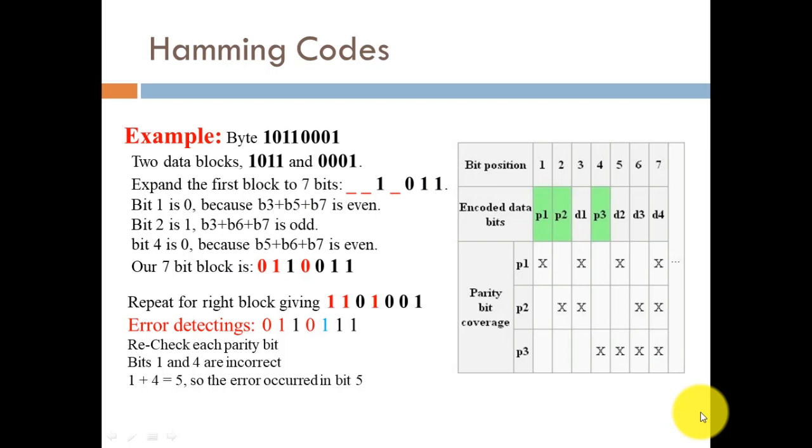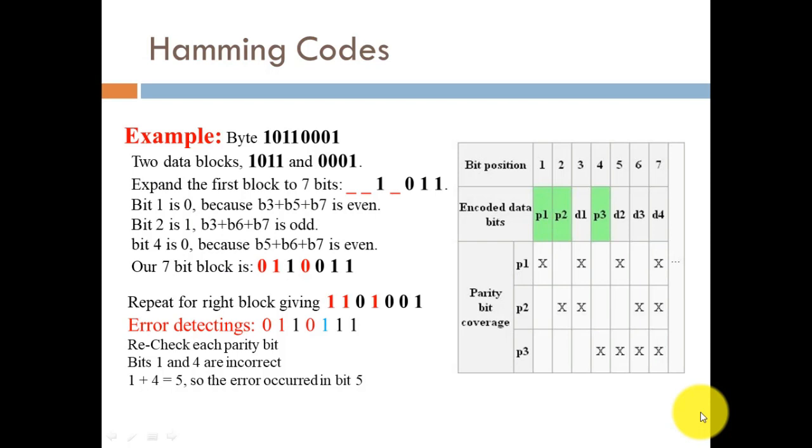Parity bit 2 is evaluated as B3 plus B6 plus B7. Again we have an odd number of ones, so in order to make it even parity, we make this bit 2 equal to 1. In a similar manner, the third parity bit is evaluated as B5 plus B6 plus B7, which is 0, since we have an even number of ones.